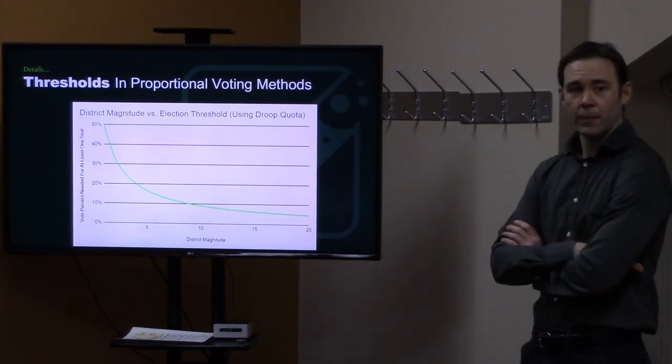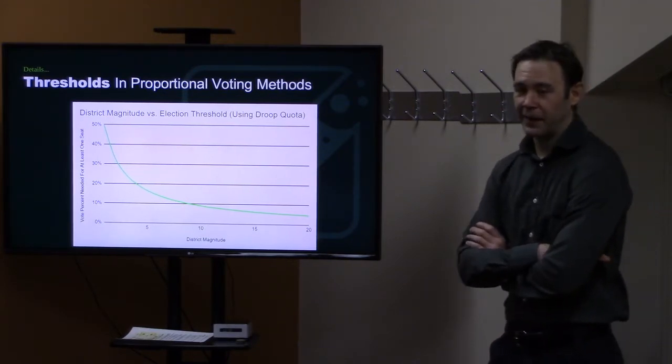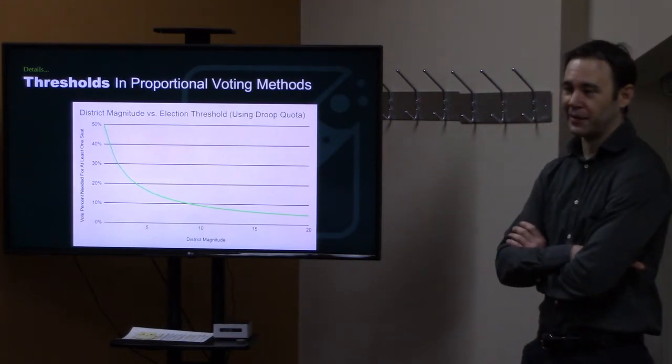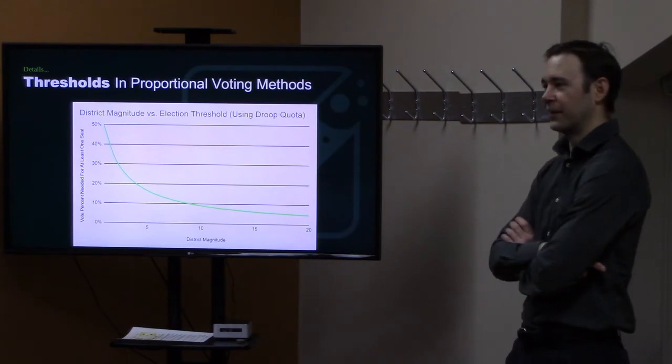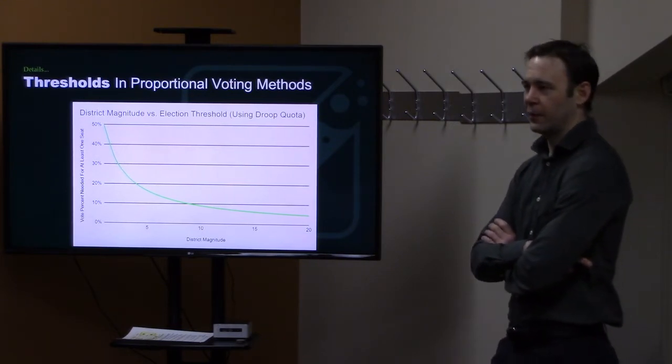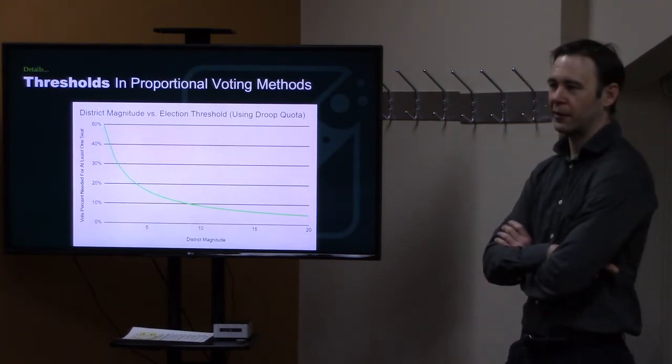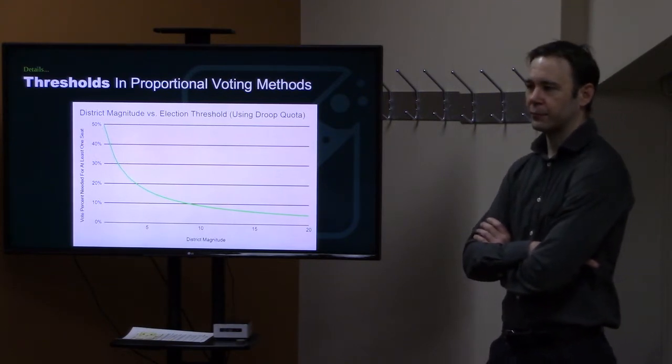Isn't that the glory of proportional representation? Yeah, I mean, you could. Yes, I like my anarchist friends as friends. I don't like them as members of city council.